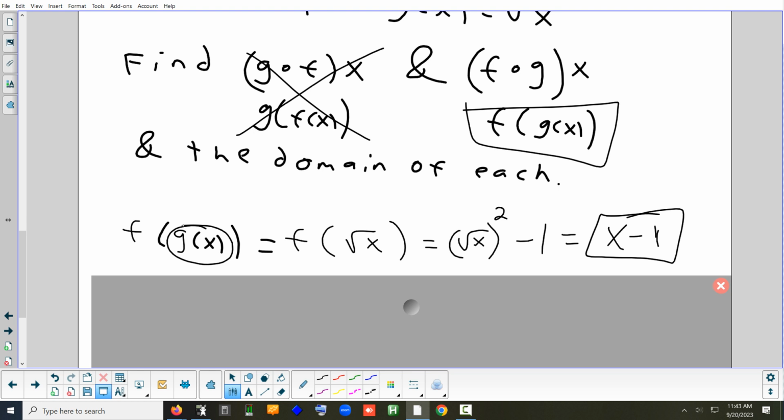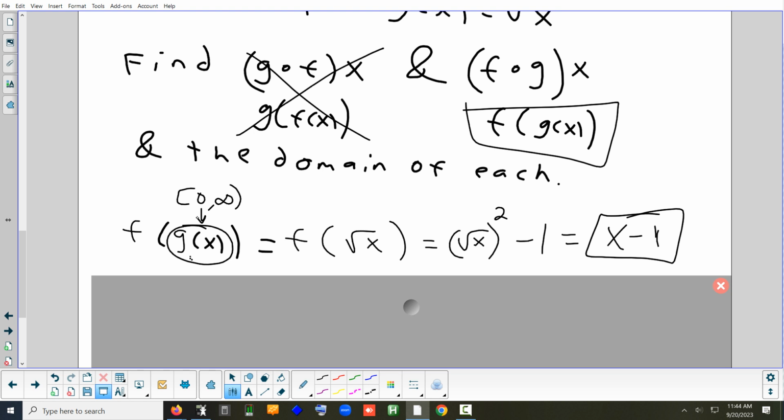What's the domain of this inside function? Square root of x. You can only plug numbers in for square root of x that start at what? 0. And go to what? Positive infinity. So the domain of this inside function is 0 to infinity. Can't plug in negatives.